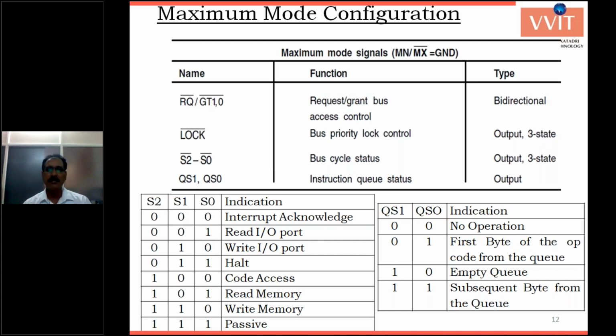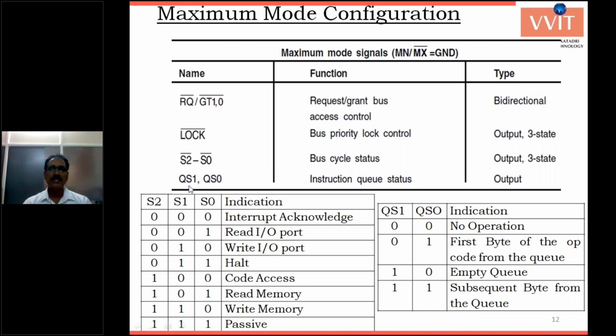Before holding, the queue must be empty. So the queue status is required, indicated by QS0 and QS1. The output is generated as QS0 and QS1. Generally, these signals serve another interfacing device, that is the 8288.